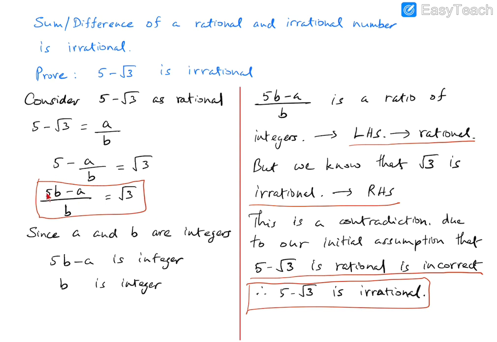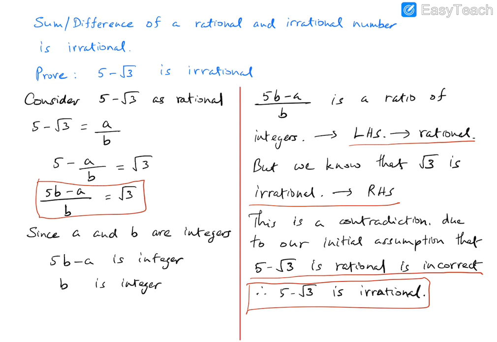In either case, instead of (5b minus a) by b, it would have been (5b plus a) by b if it was the sum. In either case, the LHS will be a ratio of integers, giving a rational number, but the RHS will remain irrational. So the equality will not hold if the LHS is rational and the RHS is irrational.